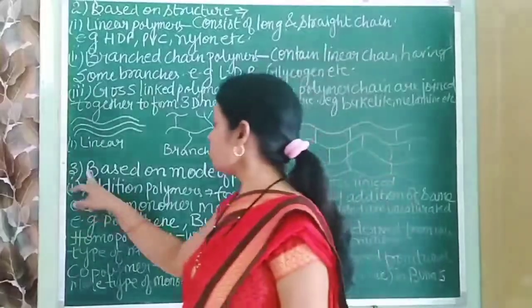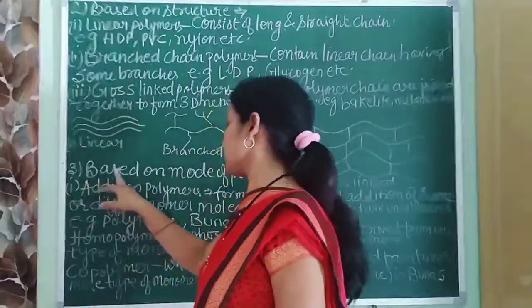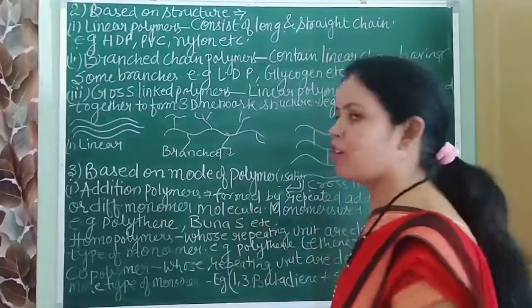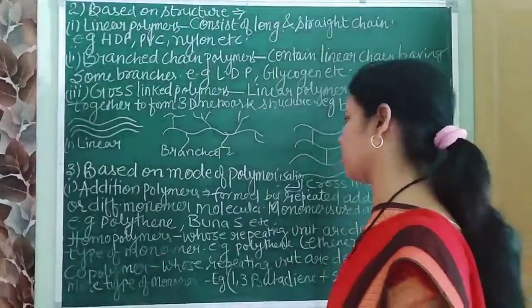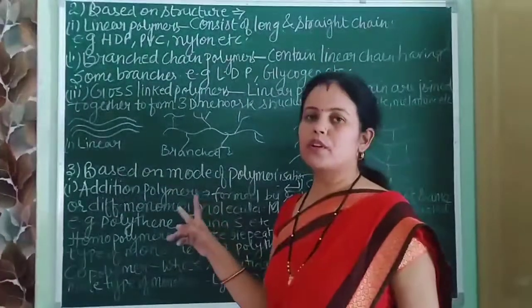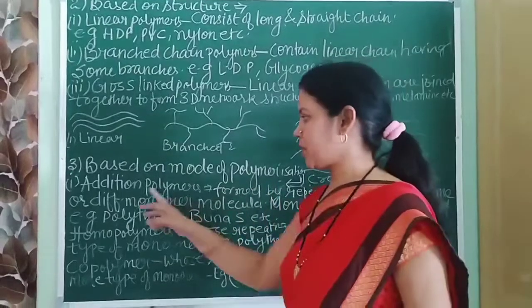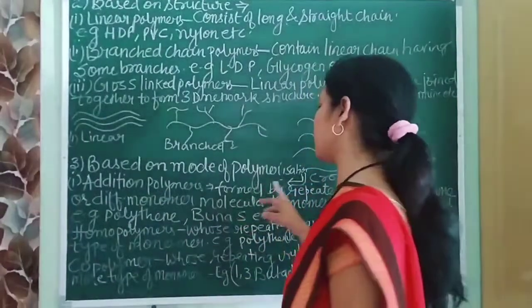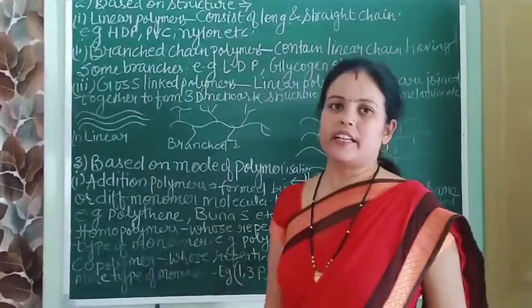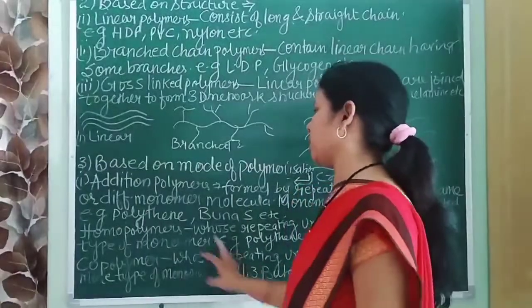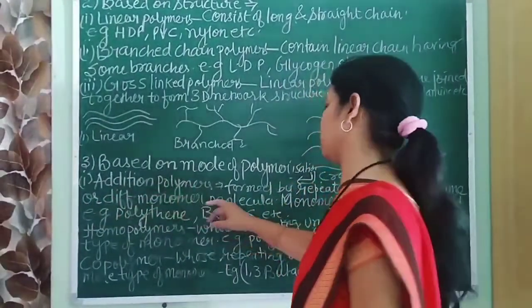Now, third classification is classification based on mode of polymerization. There are two types of polymerization on the basis of mode of polymerization. First one is addition polymers and another one is condensation polymers. First, addition polymers.